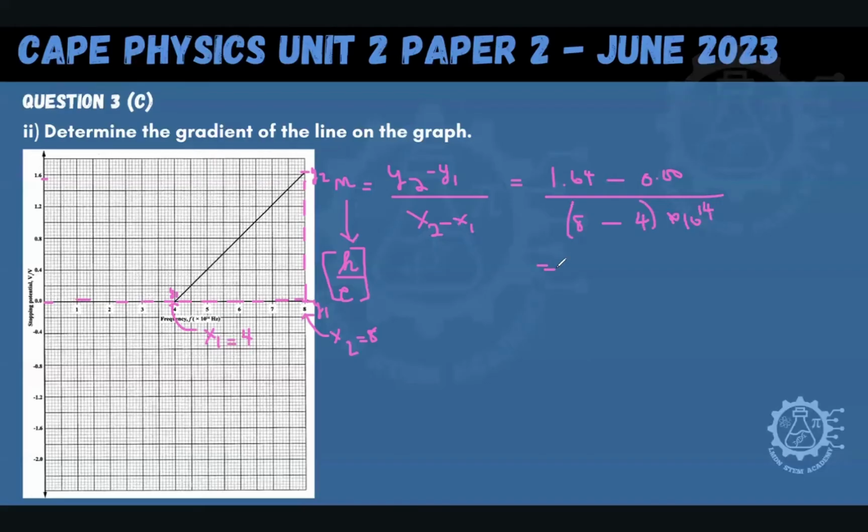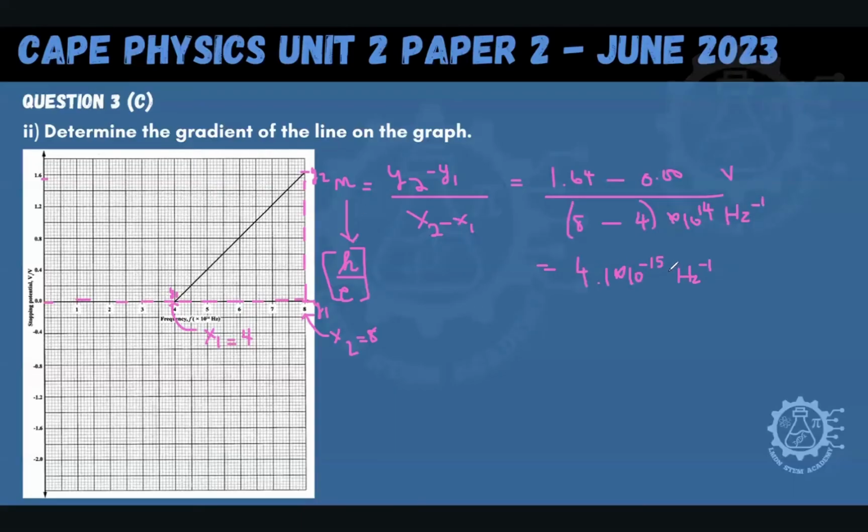So when I work that through, I'm going to come up with a value of 4.1 times 10 to the minus 15, and that's going to be in hertz to the minus 1. Right? The top would have been volts and the bottom is hertz to the minus 1.